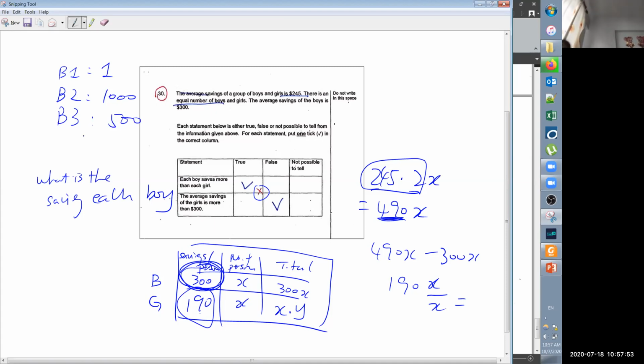Yep, might be, but the question here is very, very tricky. Because savings each boy is 300. Okay. Yep. So that is one thing you need to take note. All right.